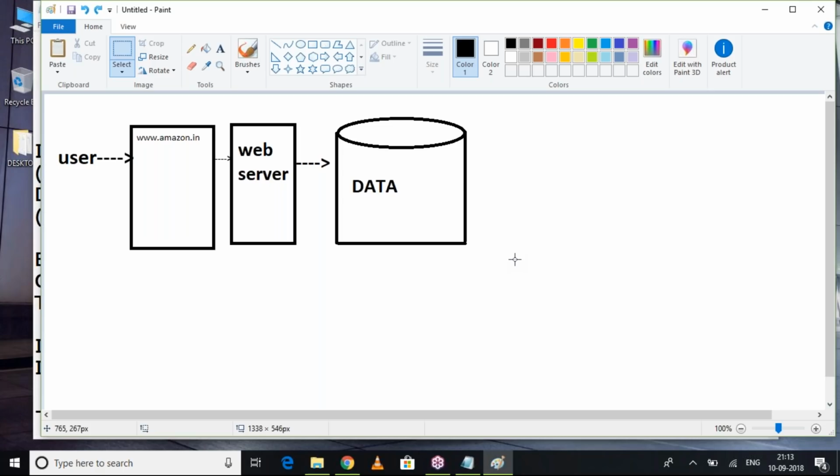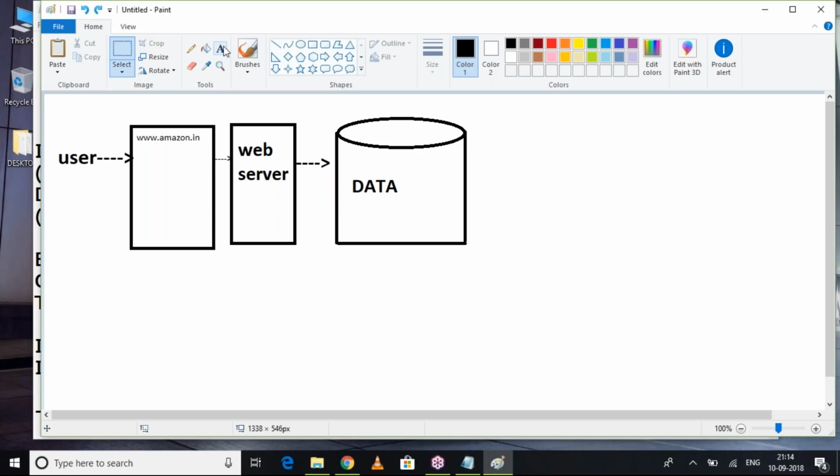So that's why a database is mandatory. Without a database, there is no business. So the user interacts with the web page, from the web page the request is sent to the web server, from the web server the request is sent to the database server, and from the database server the data comes back. This is getting information.